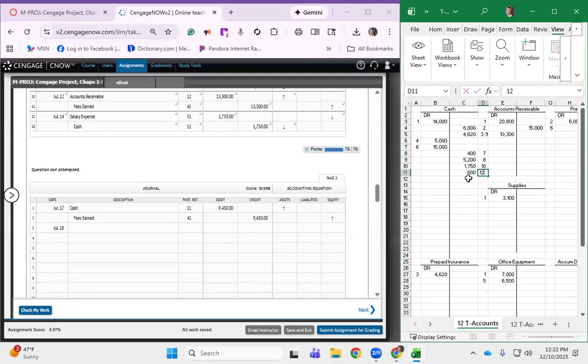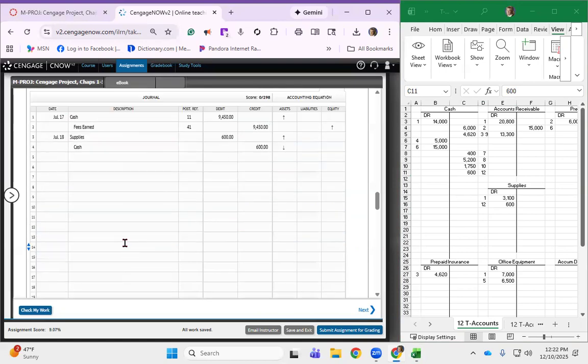What did we buy? We bought supplies. So I'm going to put 600 in, and this is number 12. So you would find, there's number 12, and there's number 12. Okay, so we got supplies of $600, and we spent cash of $600.